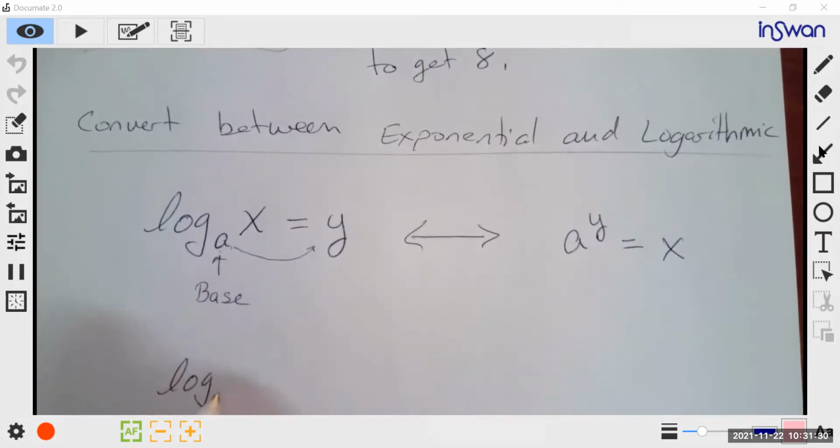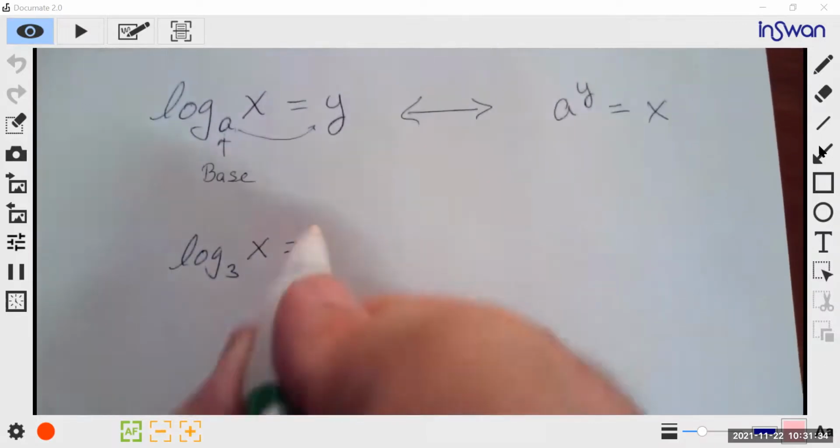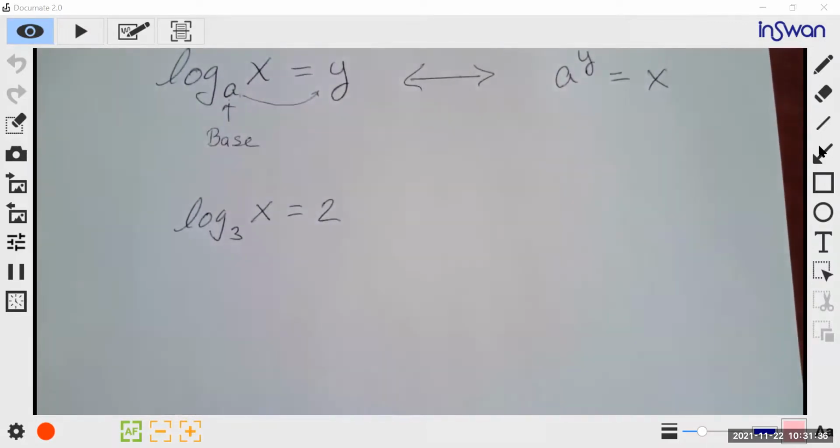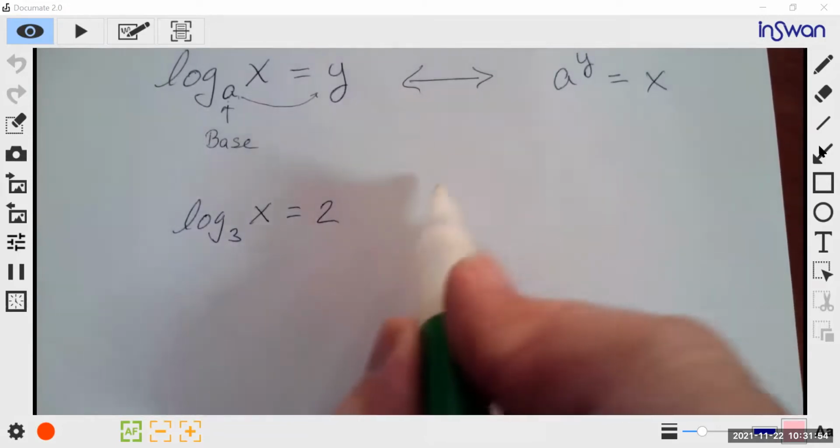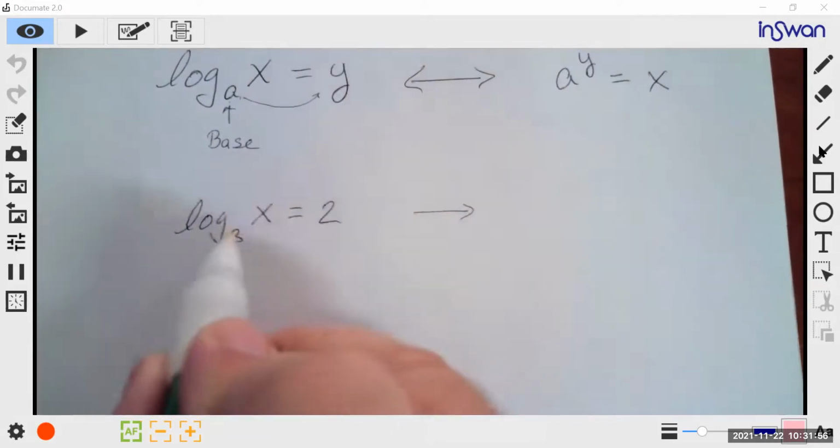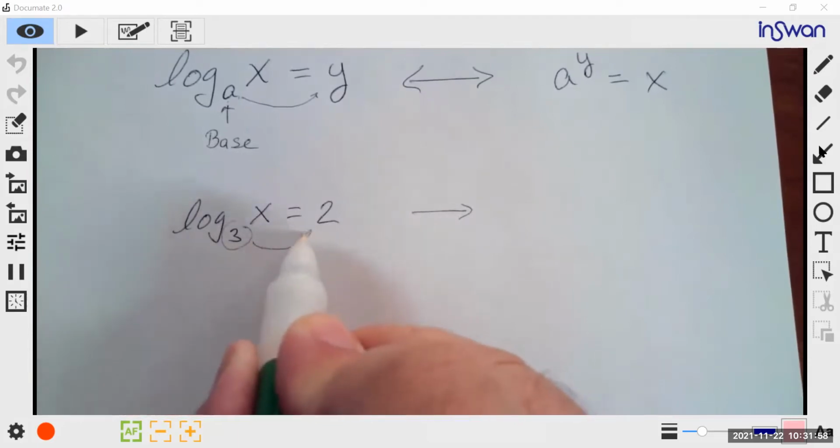Log base 3 of x equals 2. So convert it: take the base, push up the answer.